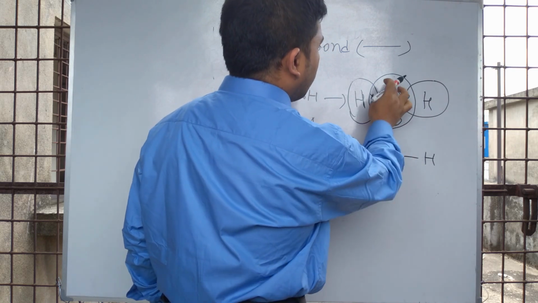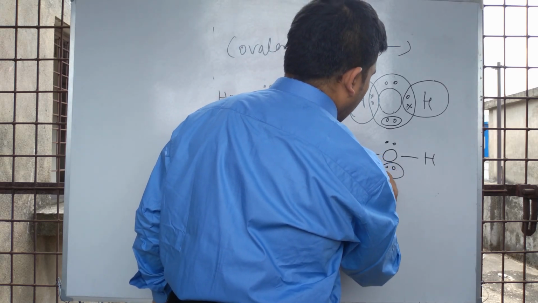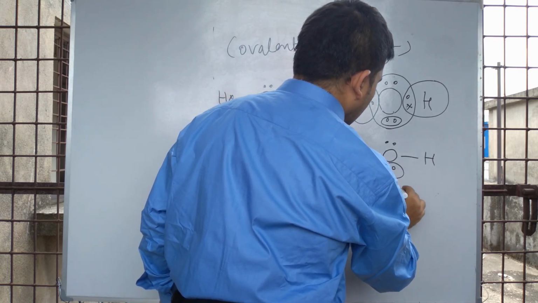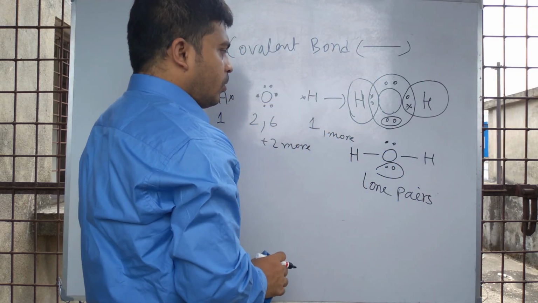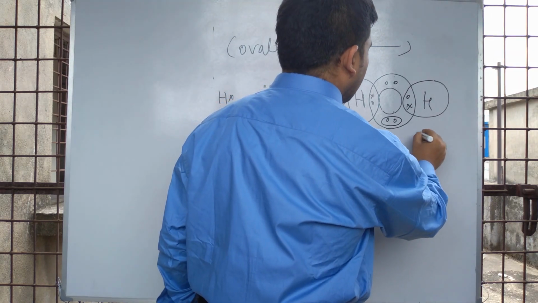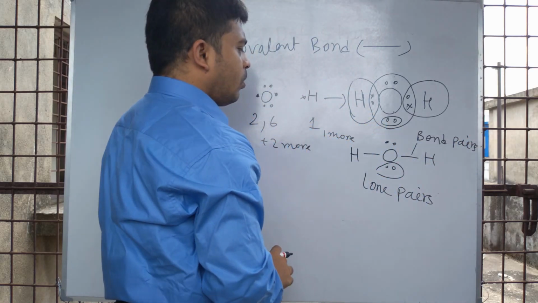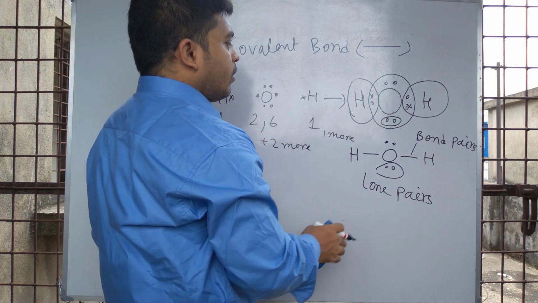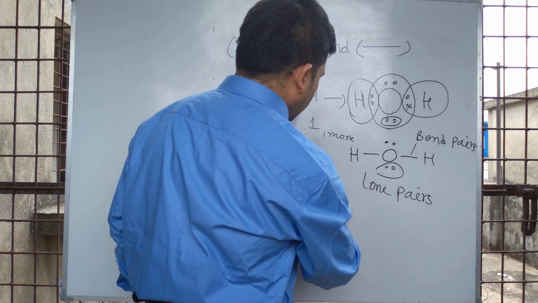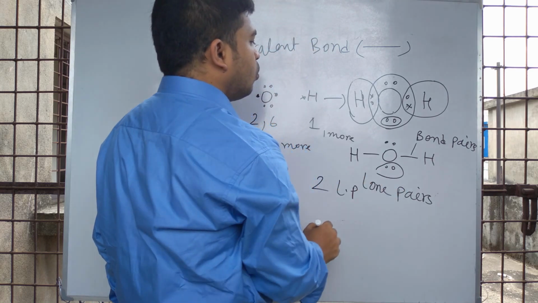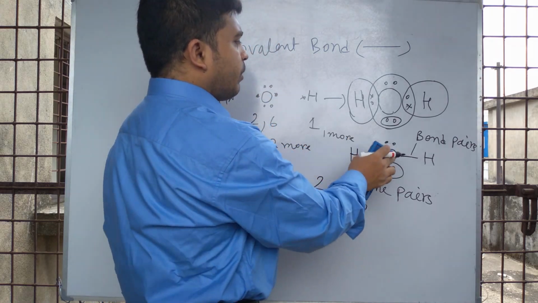These are called lone pairs of electrons, they are not forming a bond between oxygen and hydrogen, and these are called bond pairs. So the water molecule has 2 LP, 2 lone pairs, and 2 BP, 2 bond pairs.